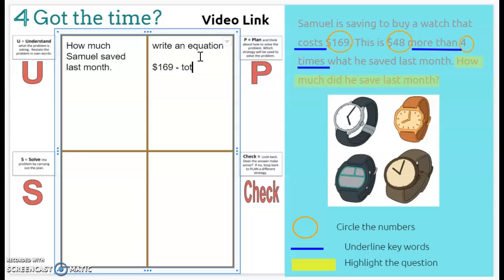We're going to take the information we have, starting off with our numbers. 169 is the total cost of the watch. And then we have $48. Let's see, 48 more than 4 times what he saved last month. So 48 more, and then 4 times an amount.